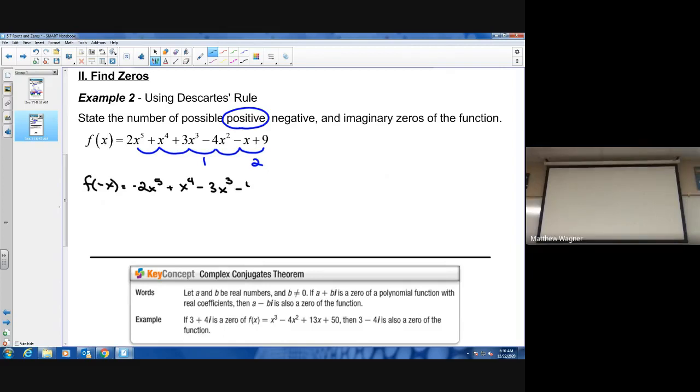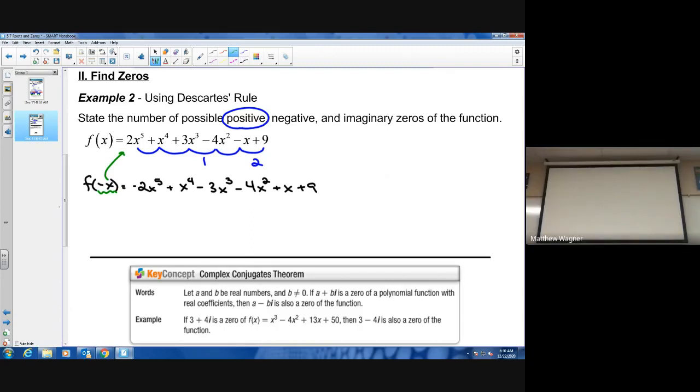So then this is going to stay as negative 4x to the 4th. The opposite of negative x is positive x, and then we have plus 9 to finish. All right. So just to reiterate what we did, we took negative x and plugged it into our original function and just evaluated.